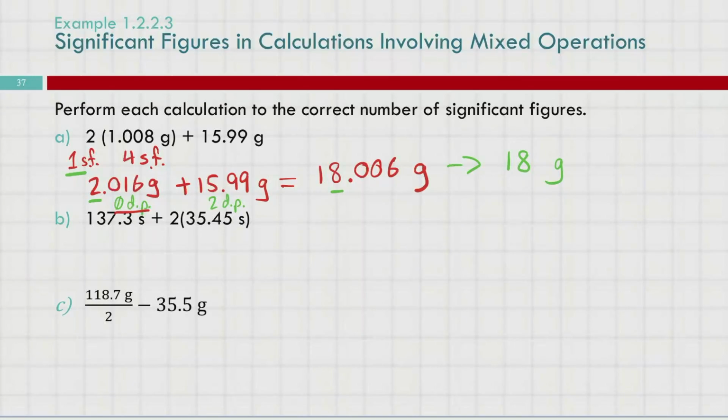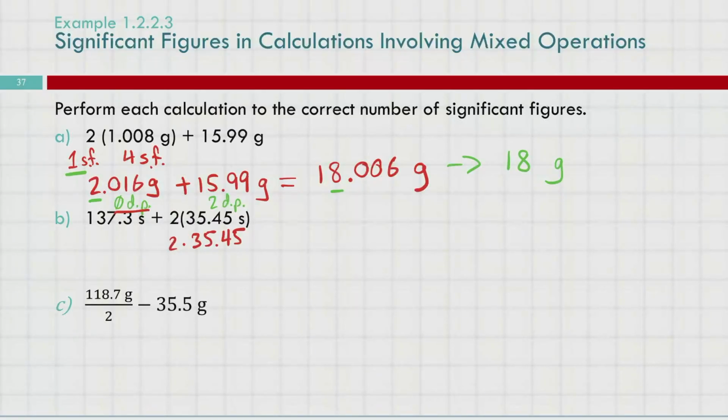All right, then we've got B, 137.3 seconds plus 2 times 35.45 seconds. What are we doing first? Multiplying. So 2 times 35.45. Let's assume that the 2 is exact.